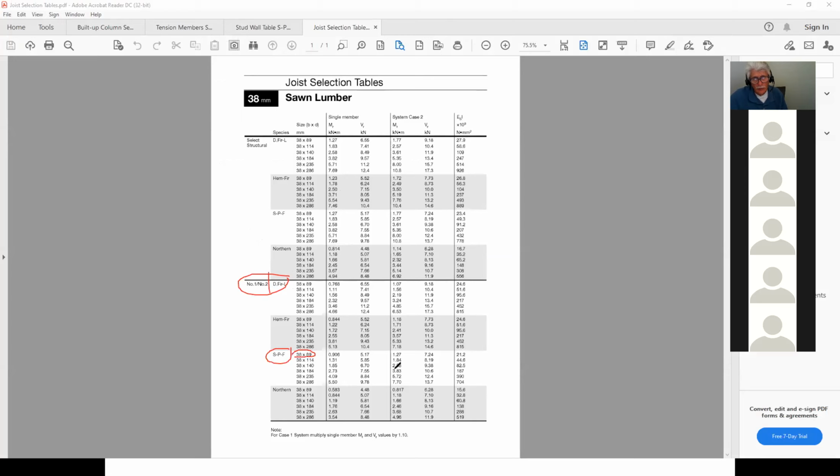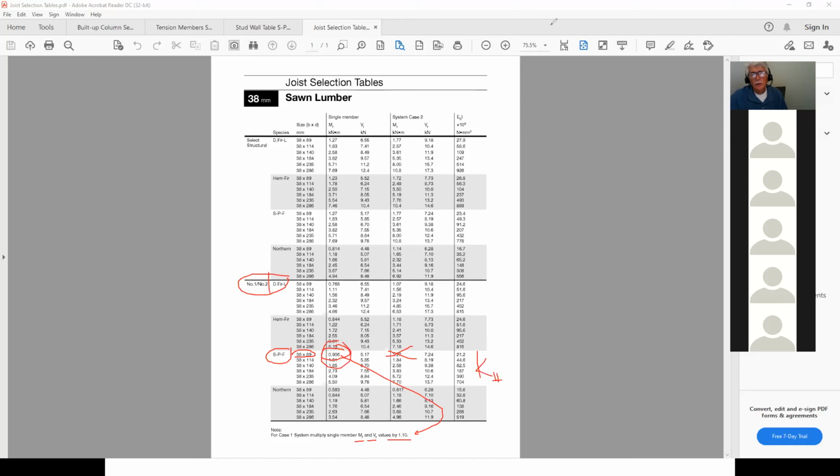Now, the difference is that I don't have sheeting. I can't create a case 2. I do have a single member for the Mr, but here it says that for case 1 systems, multiply Mr and Vr by 1.1, because in other words, that's the KH value, okay? So whatever Mr value I have here, I'm allowed to increase it by 10%, multiplied by 1.1.